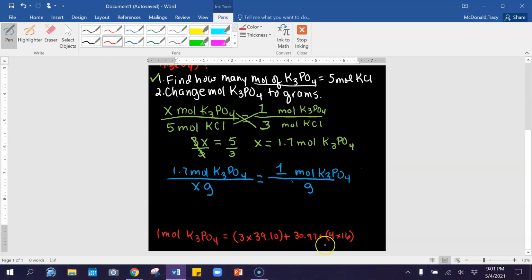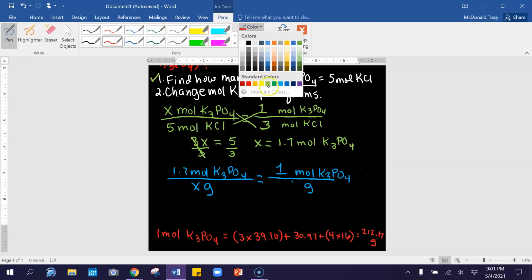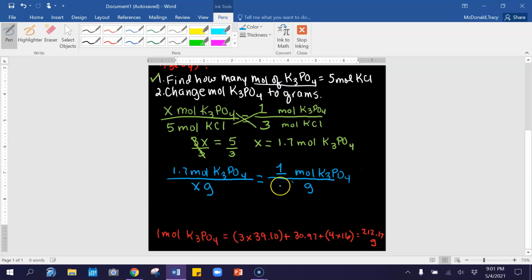And if you punch that into your calculator, you will find that a mole of K3PO4 equals 212.17 grams. And that is exactly the number that I'm going to write next to my G, because this is what 1 mole weighs. And that is exactly what I'm saying here in my proportion.